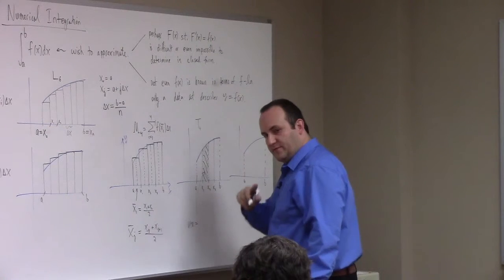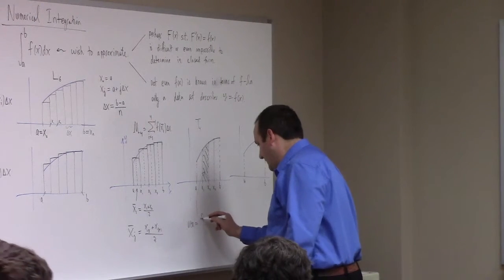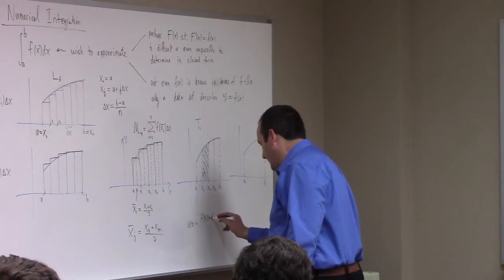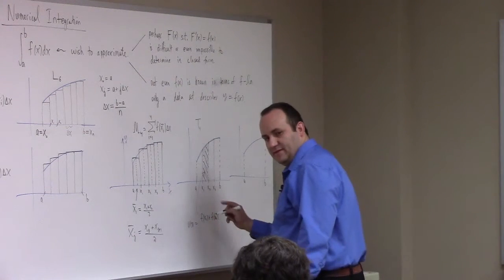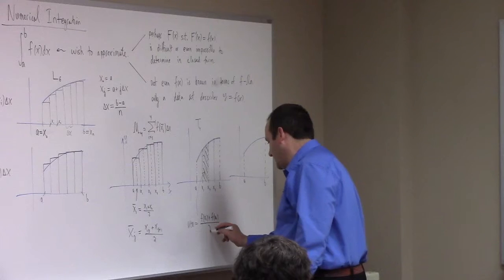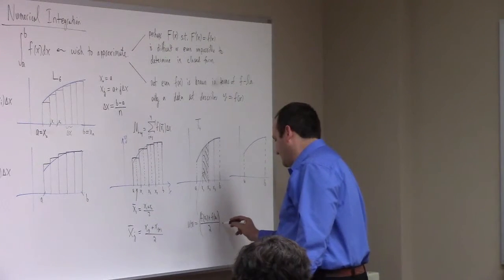It's f of x1 plus f of x2, which would be the two different heights, divided by 2, times the base.